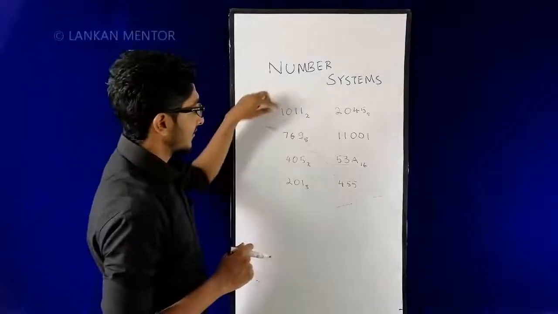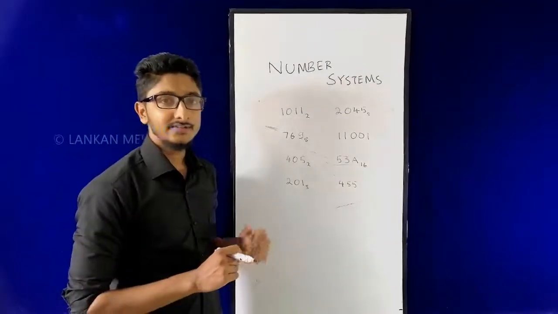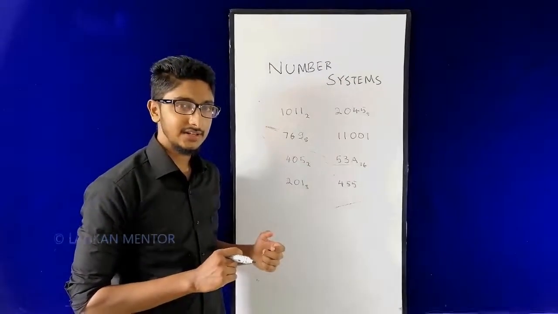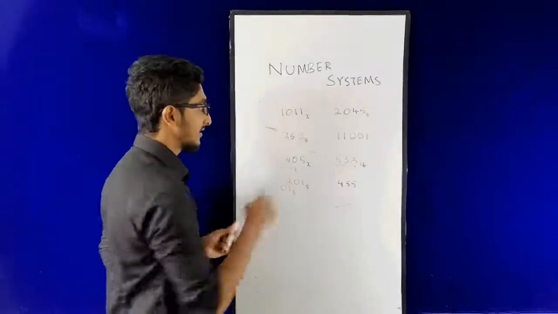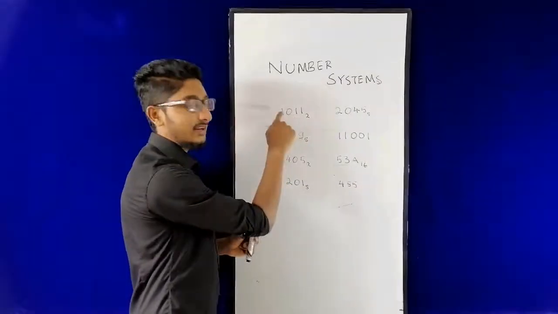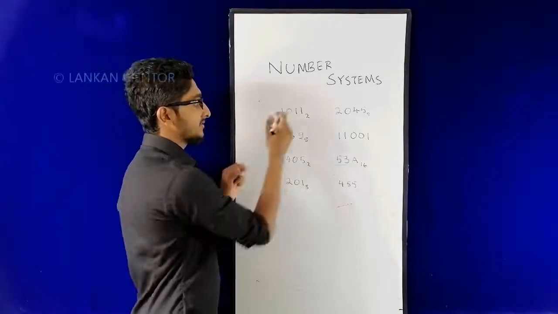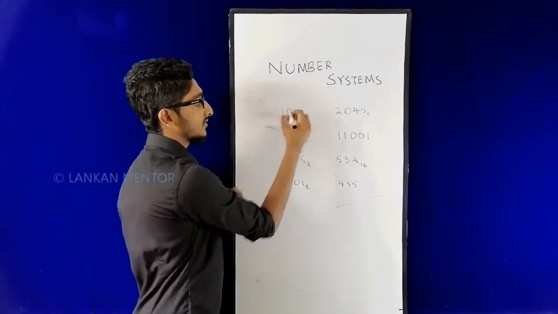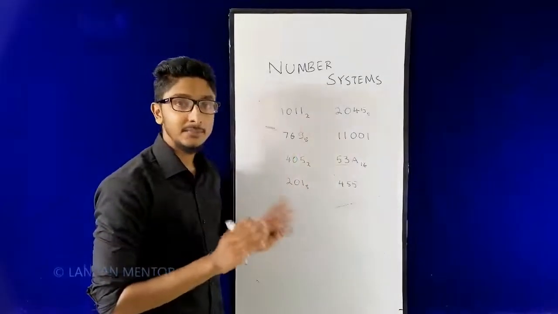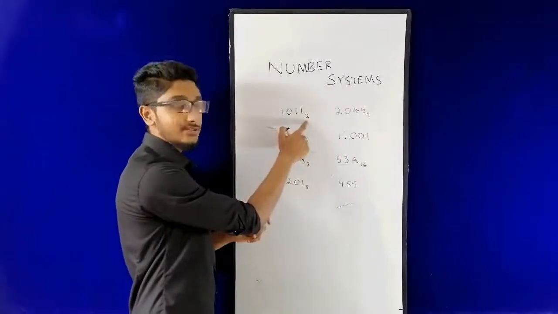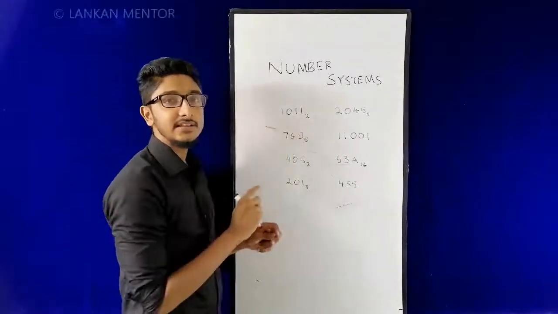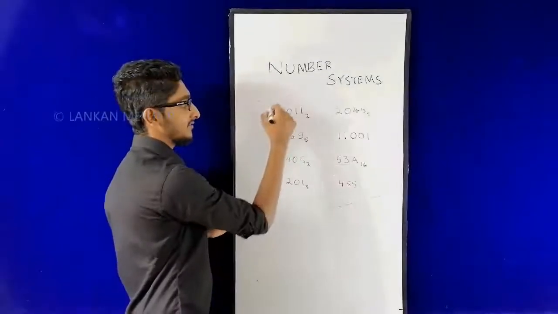Okay, 1011 base 2. Now is this number correct? Yes. Why? It is a binary number with base 2. Why? The base is 2 and there are only ones and zeros in the number. So this is okay.